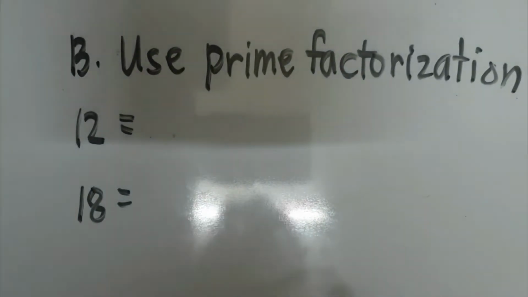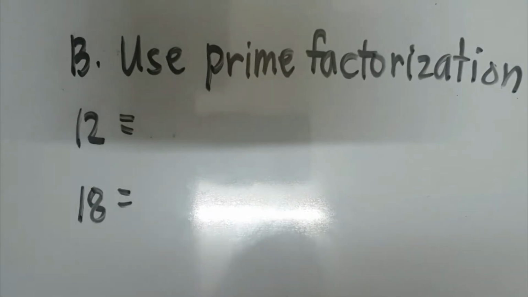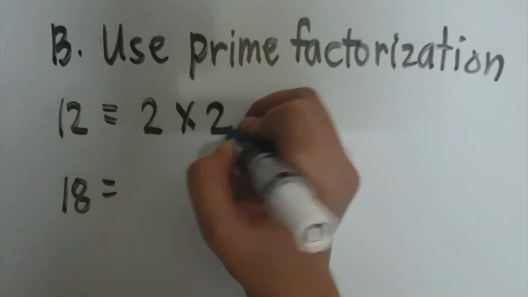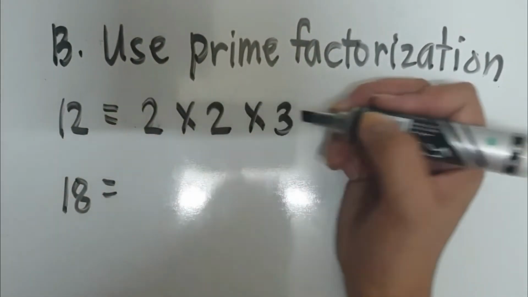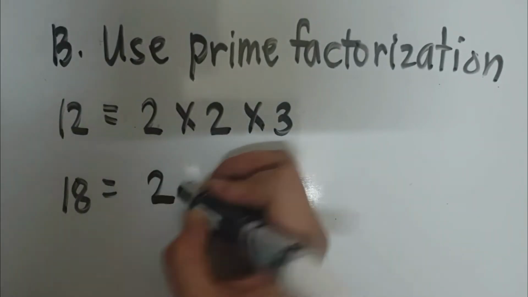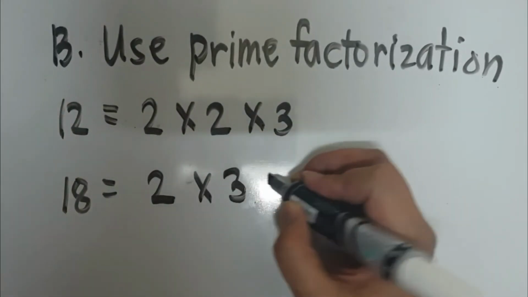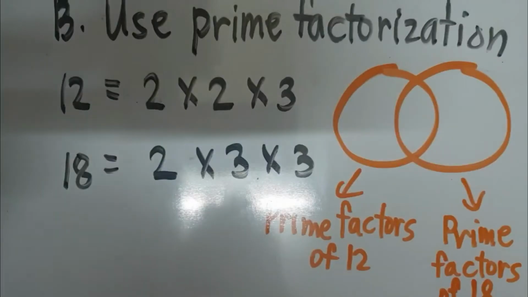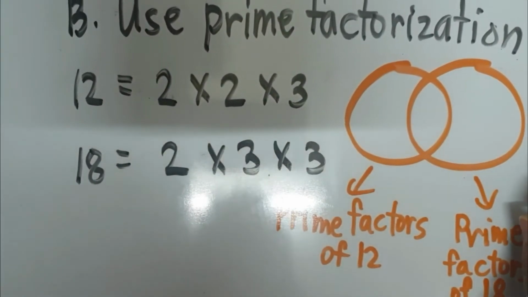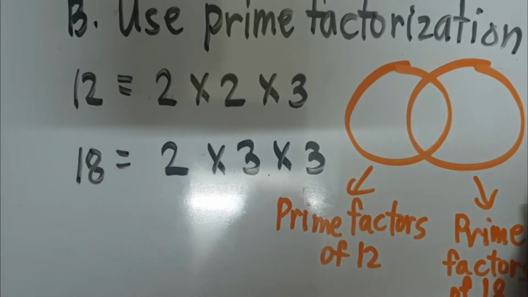Another method that we can use is prime factorization. The prime factorization of 12 is 2 times 2 times 3, while the prime factorization of 18 is 2 times 3 times 3. So we have here a Venn diagram where we will write the prime factors of 12 and 18.